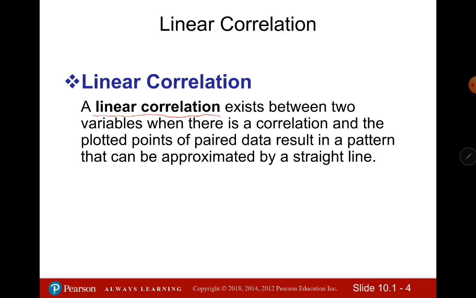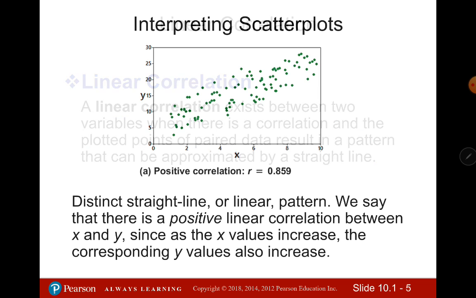If there's a correlation between two variables, and the plotted points of the paired data can be expressed approximately by a straight line, and straight line means linear, right? Then we've got linear correlation.